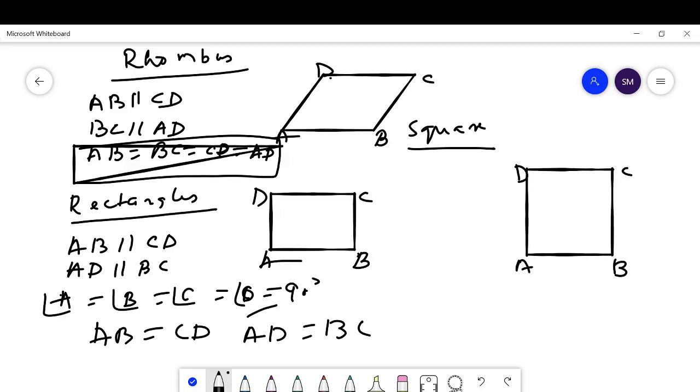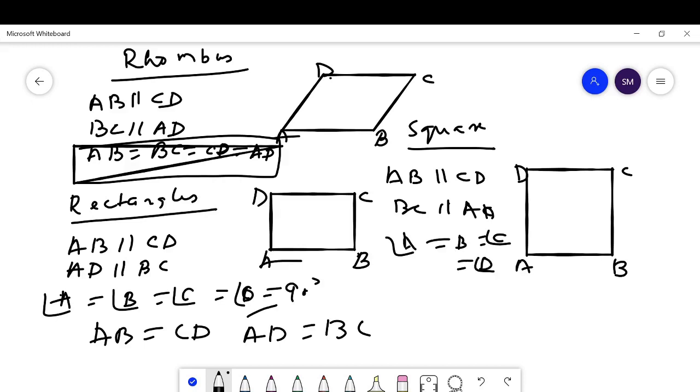ABCD is a square in which AB is parallel to CD and BC is parallel to AD, and angle A is equal to angle B is equal to angle C is equal to angle D is 90 degrees, and the length of AB is equal to BC is equal to CD is equal to AD. All four sides are of equal length.